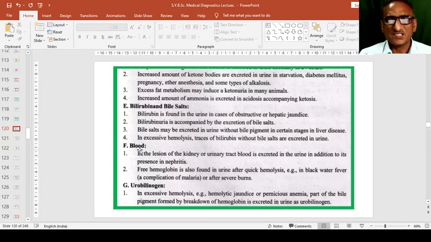If blood appears in urine, it is a lesion of the kidney or urinary tract, for example black water fever or severe burns show appearance of blood cells in the urine. Then urobilinogen in excessive hemolysis, for example hemolytic jaundice or pernicious anemia, the part of the bile pigment appears in the urine.